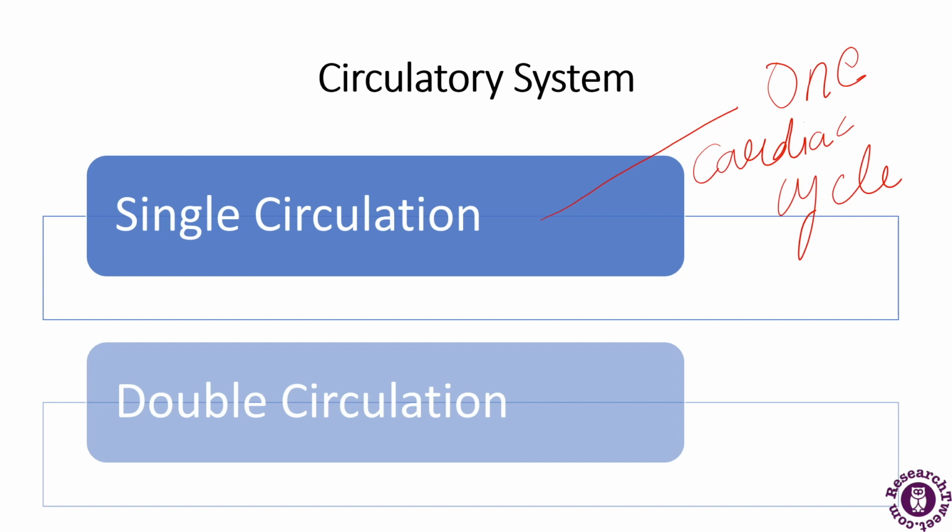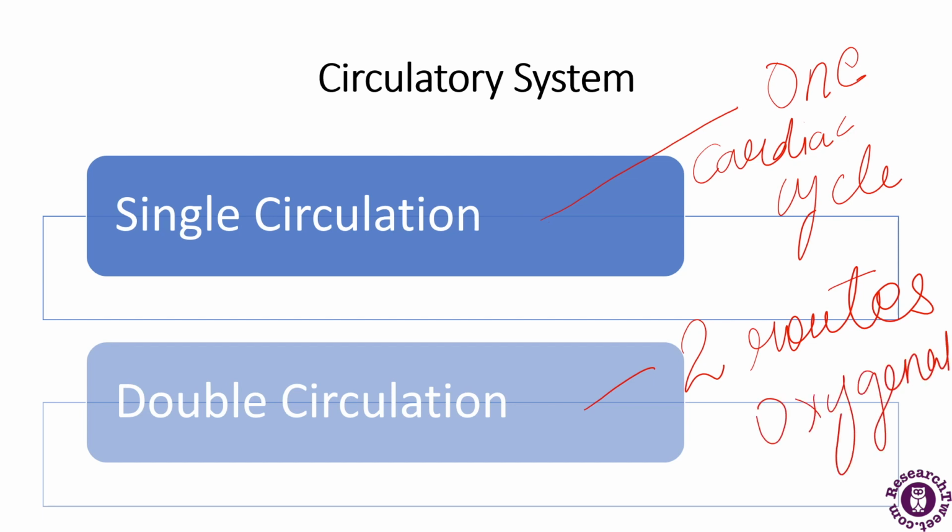As the name suggests, the blood follows two routes: one for the oxygenated blood and the other for the deoxygenated blood. Hence it is named double circulation.